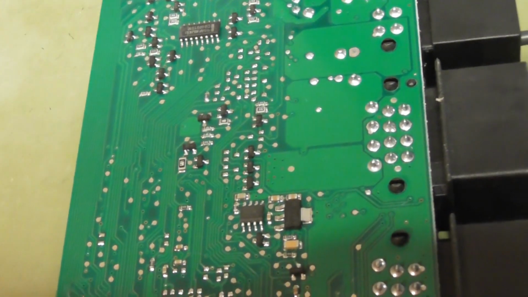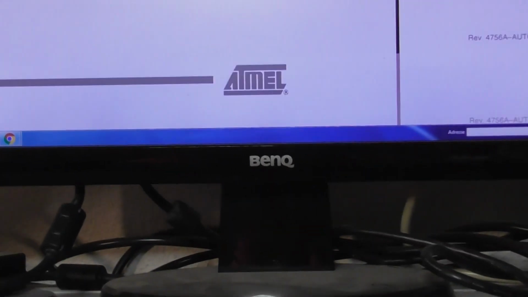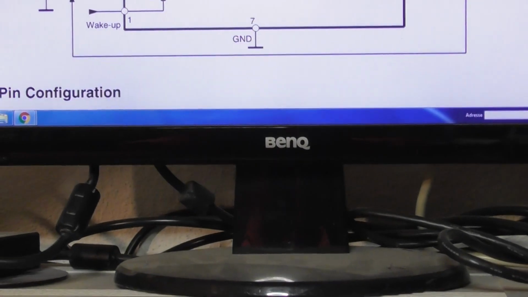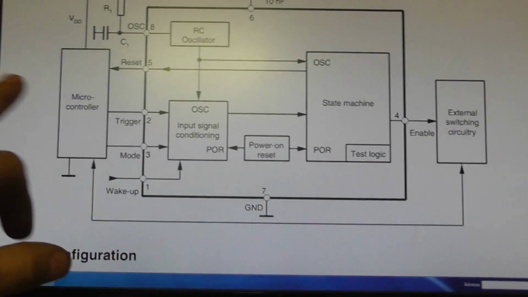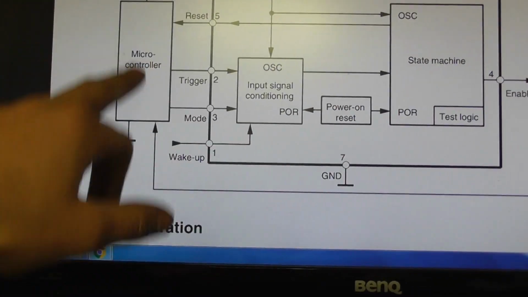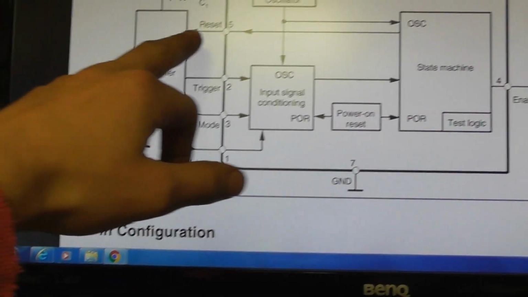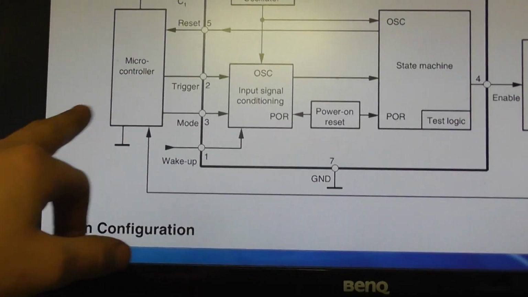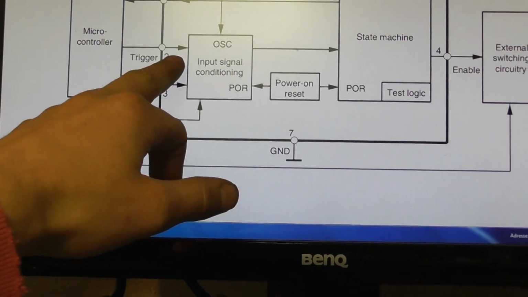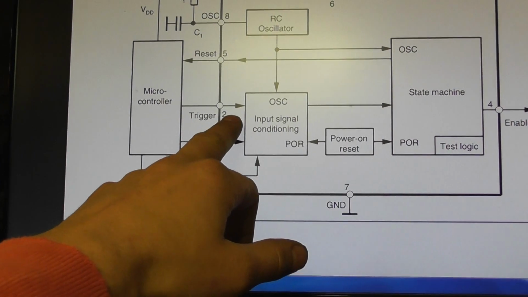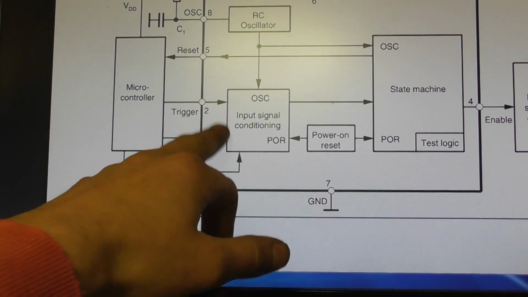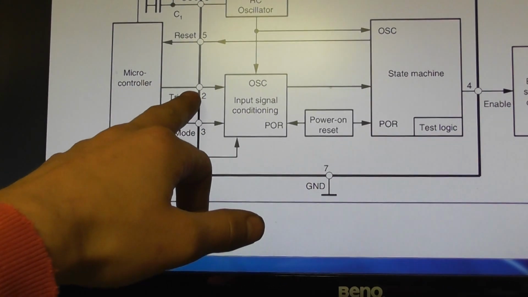So let's see what the pin assignment is. Here is a block diagram of this watchdog, and as you can see here, the microcontroller, this is the Motorola. Pin 5 is the reset, and on pin 2 I should see a periodically repeating signal.